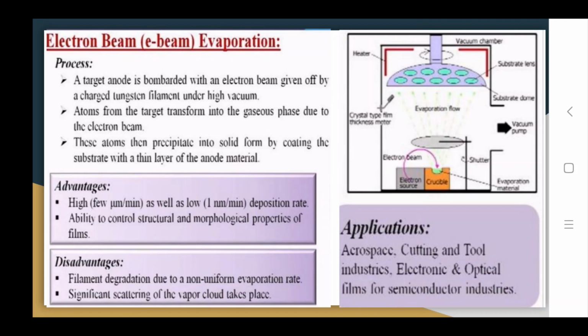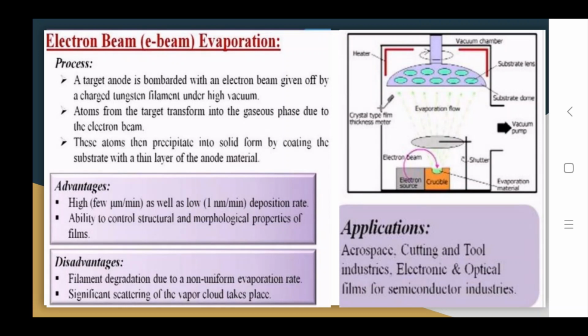Again, some disadvantages are also available. What are those? Filament degradation due to the non-uniform evaporation rate, then significant scattering of the vapor takes place. Sometimes the coating cannot be homogeneous, and a heterogeneous coating is possible.